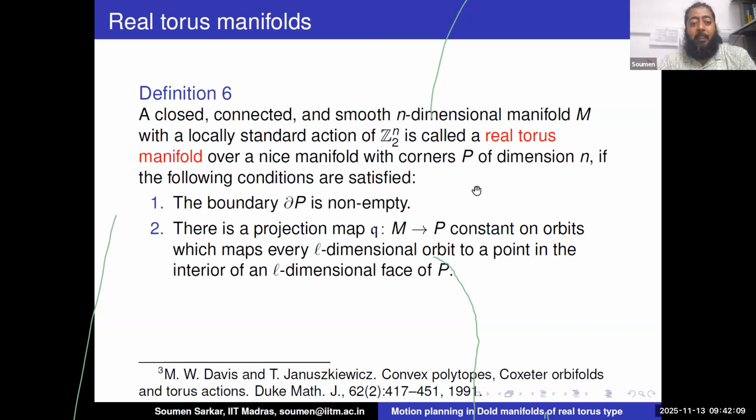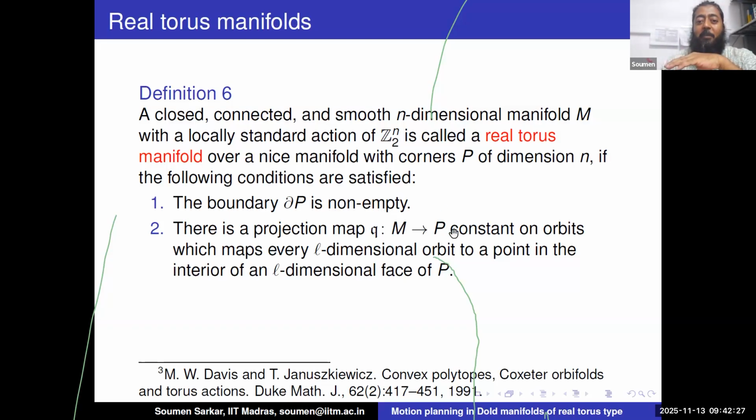So what they studied is: we take a manifold with a Z_2^n action which locally resembles the Z_2^n action on R^n, and the orbit space has some combinatorial structure.